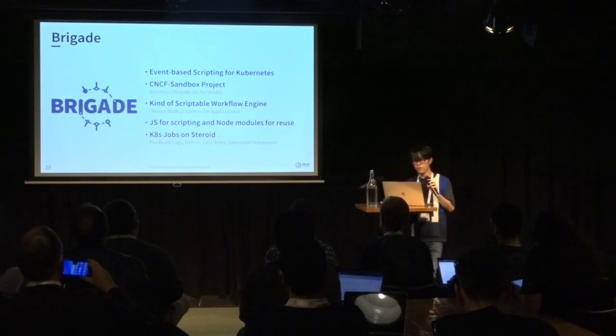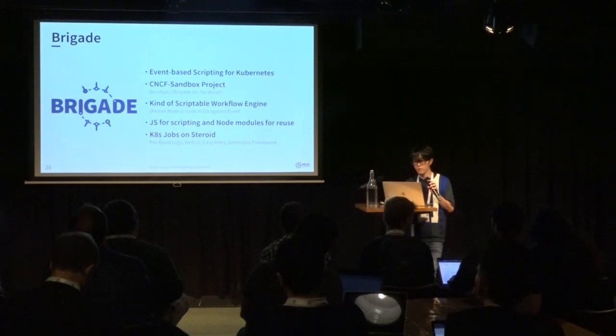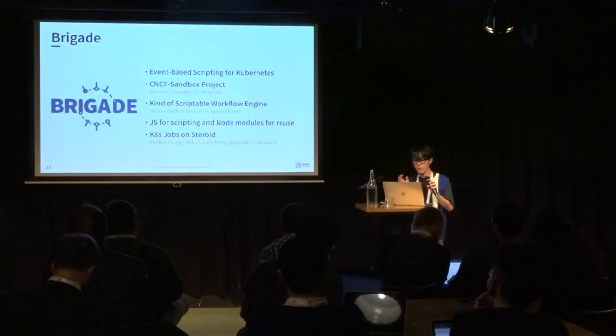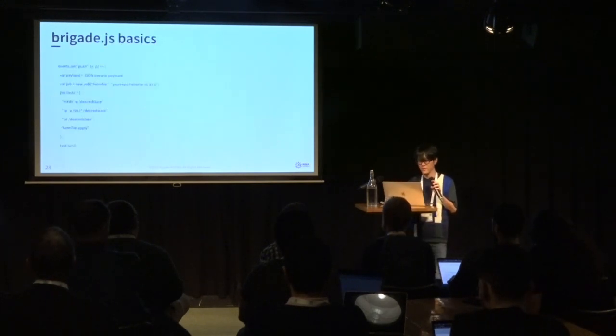And you use JS for scripting and Node modules. Put simply, it can be said to be Kubernetes jobs on steroids. You get per-build jobs, a web UI, easy retry, and an extensive framework for Kubernetes jobs.